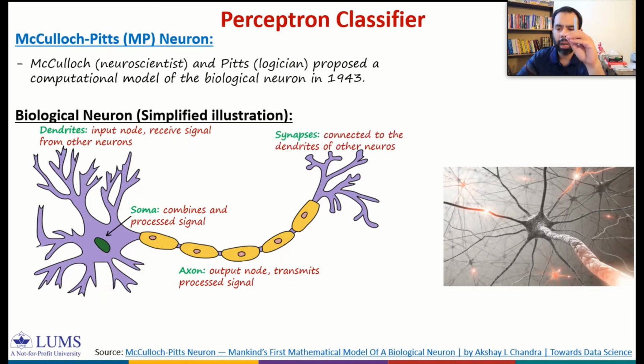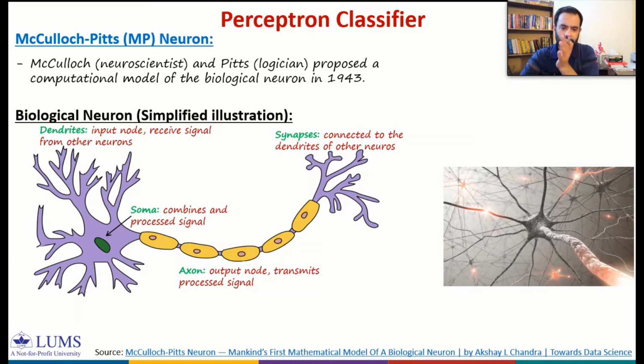So we have dendrites, soma, axon, and synapses. This might be biologically inaccurate as there is a lot more going on, but on a higher level, this is what is going on with a neuron in our brain.